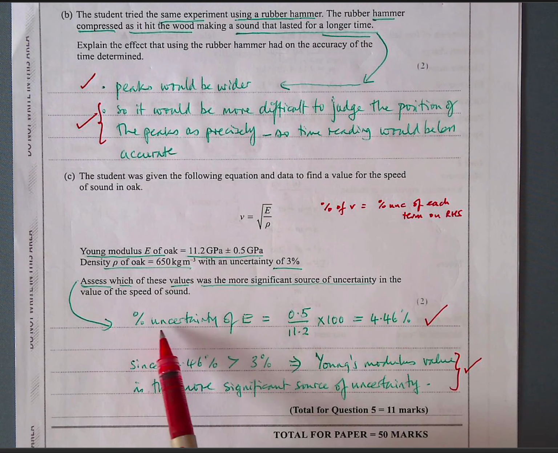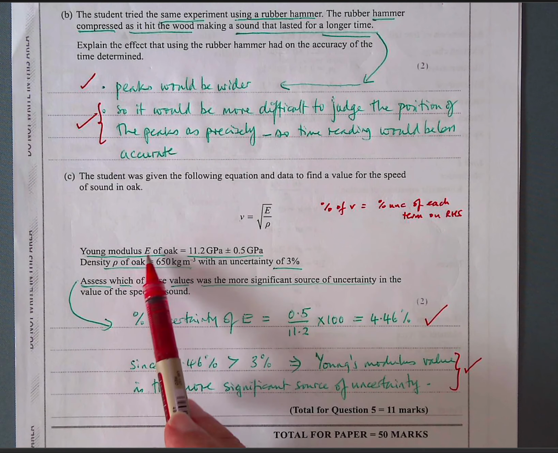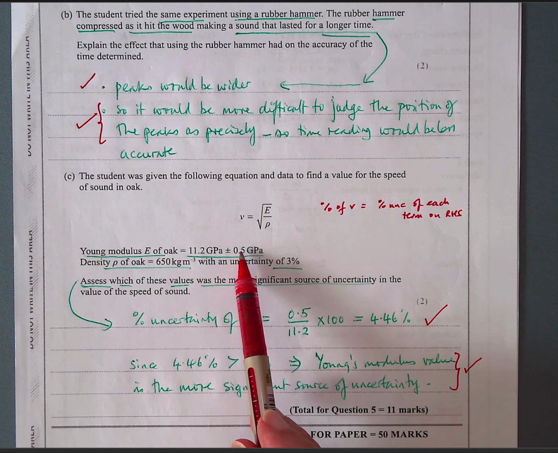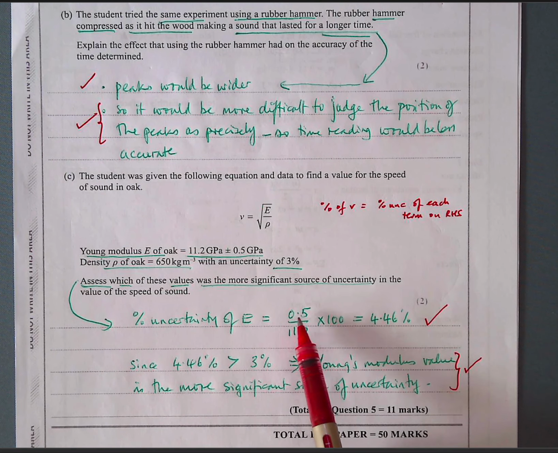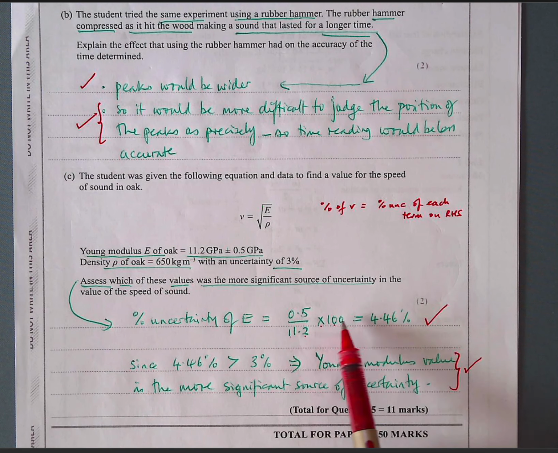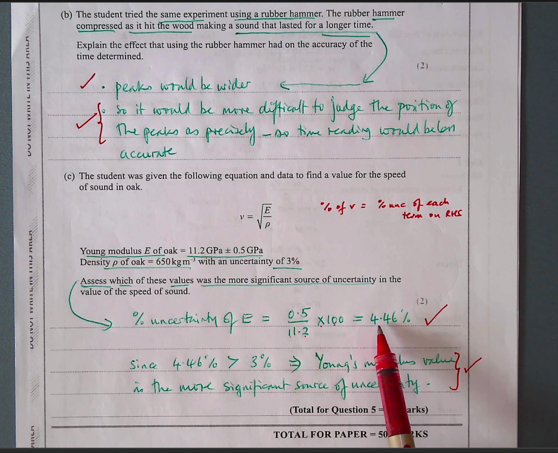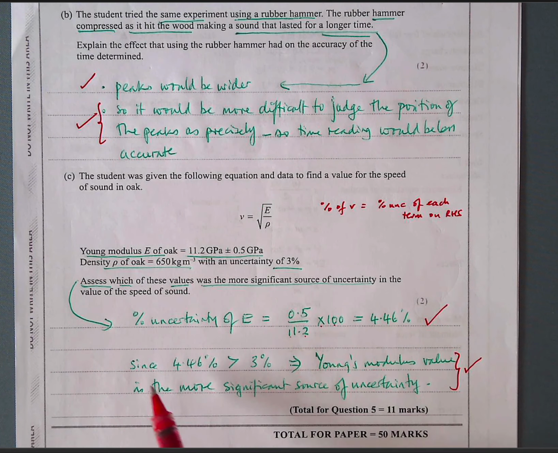Now, if you work out the percentage uncertainty of Young's modulus, which is 0.5 out of 11.2, you say it's 0.5 divided by 11.2 multiplied by 100 to get the percentage. And it's approximately 4.5%. So you then say, since 4.5%, or 4.46%, is greater than 3%, the Young's modulus value is the more significant source of uncertainty in the velocity equation.